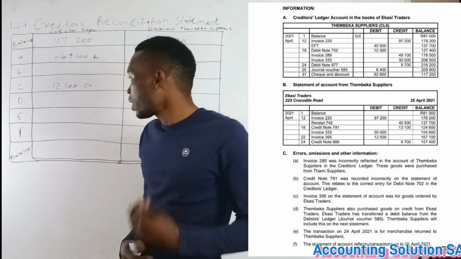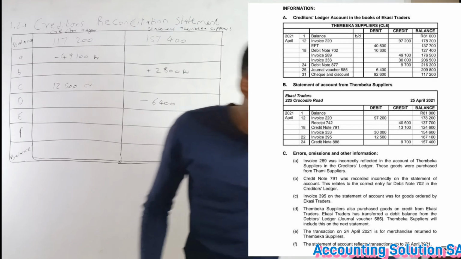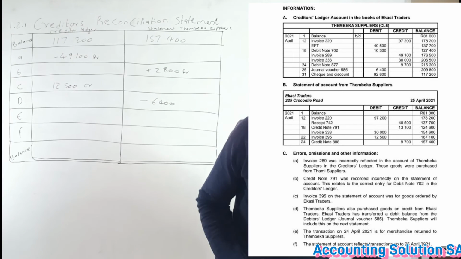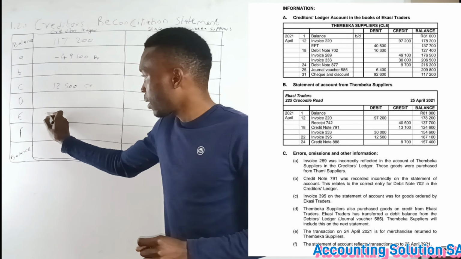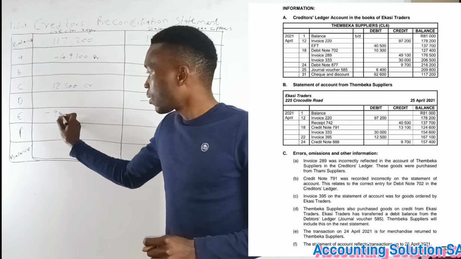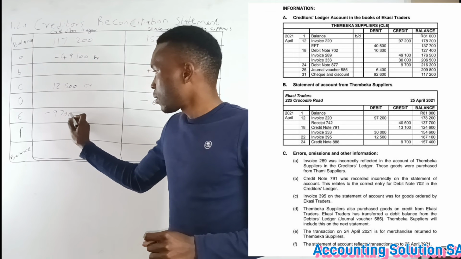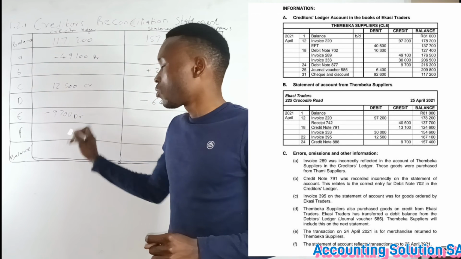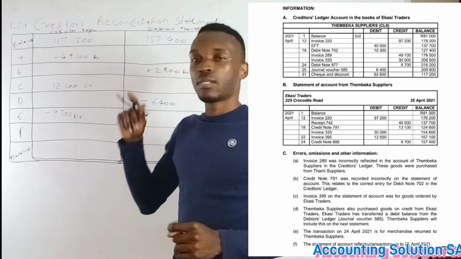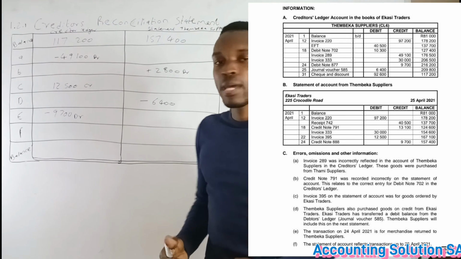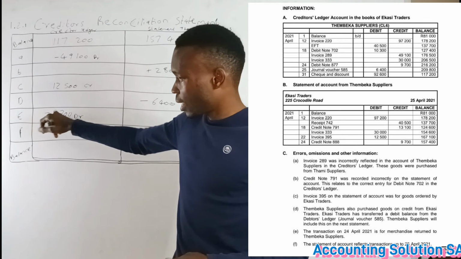So how are we going to adjust this? Very simple. The first step is to cancel. We are going to cancel by saying minus 9,700 on the debit, of course, because the creditors ledger we cancel on the debit. Okay, but we are not done. Remember, this is a cancellation.